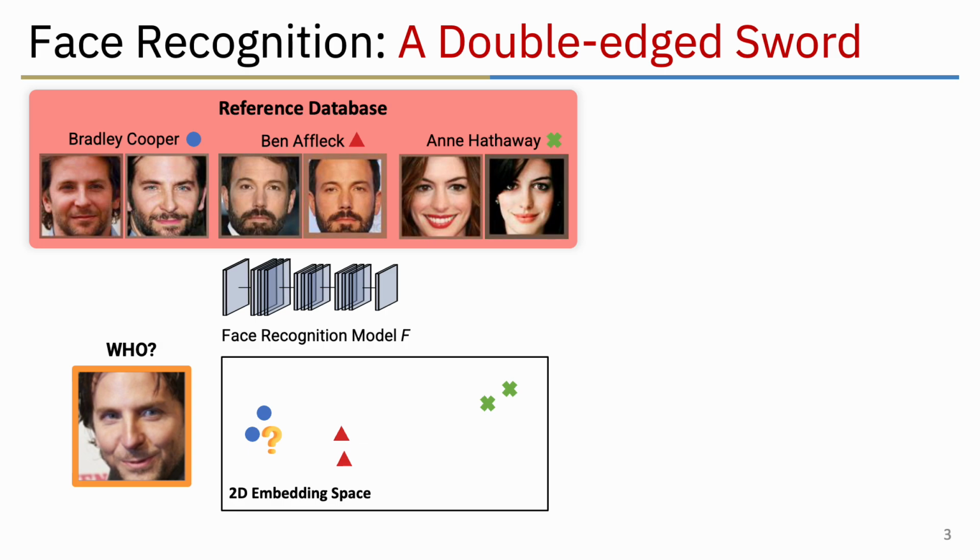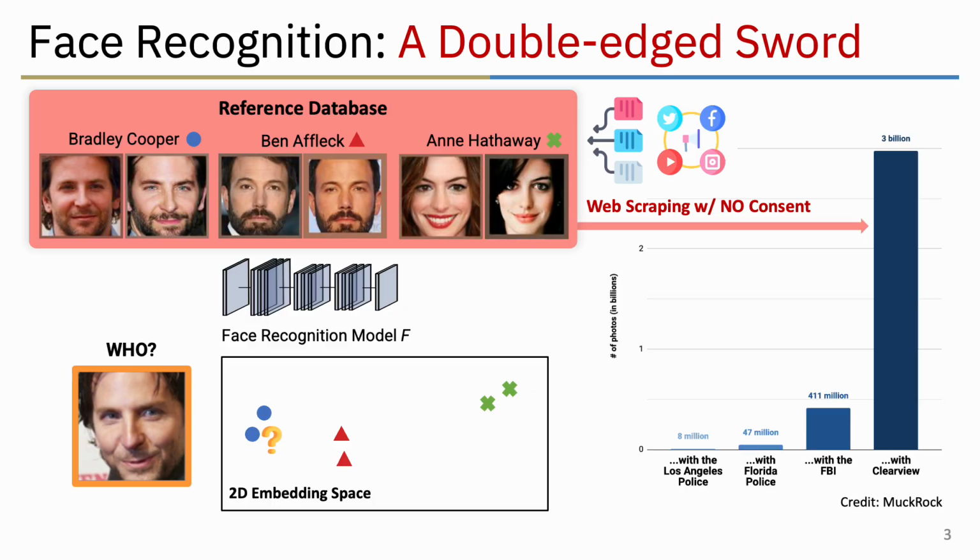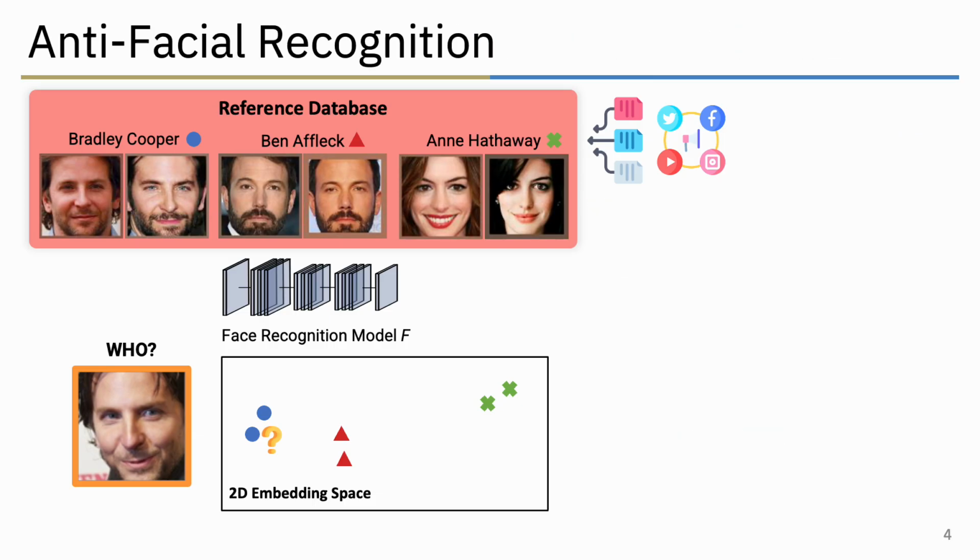Misuse or abuse of this kind of models can lead to serious privacy concerns because privacy intruders can construct this reference database by web scraping. In fact, a couple of companies have already done it on a large scale, having reference databases with images of millions of citizens and offering face recognition services without their consent.